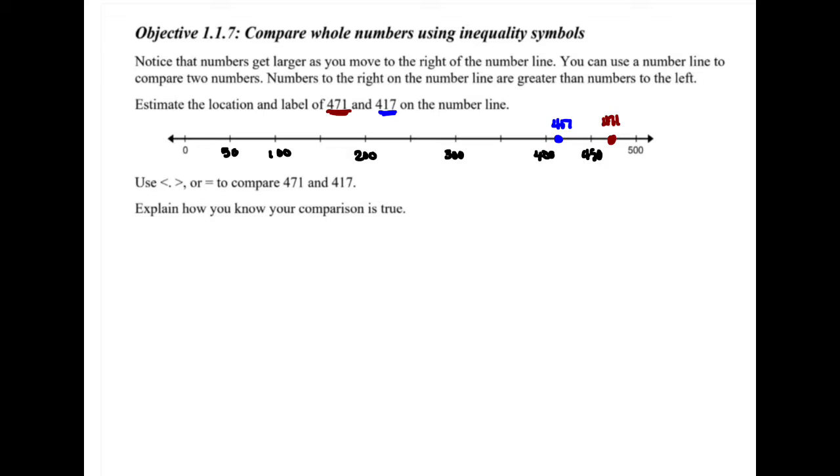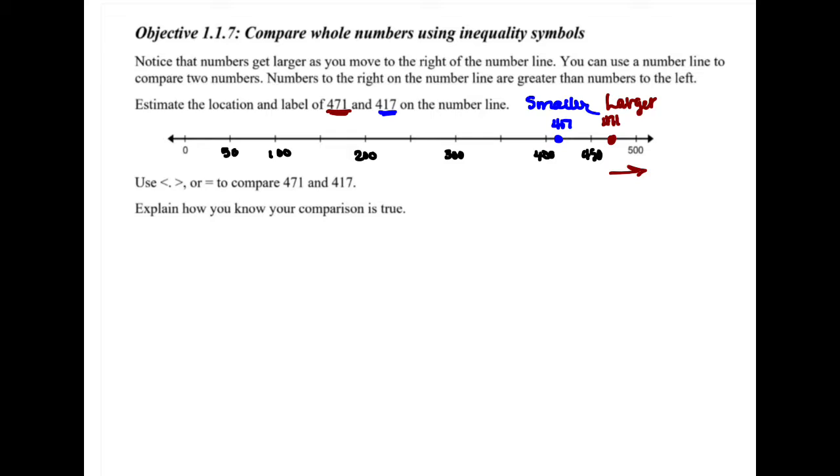So there are our two numbers on a number line, which means the red one, the 471, is further to the right, which means it is larger. And the 417 is smaller because it's further to the left.